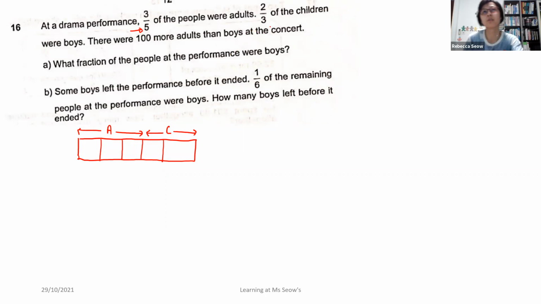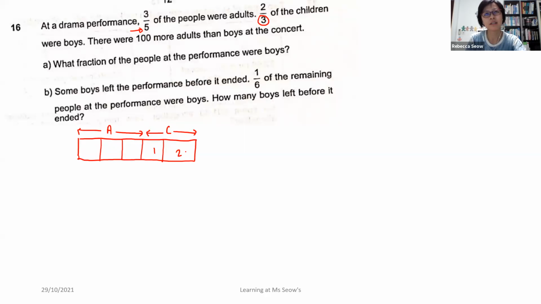Next sentence, 2/3 of the children were boys. So we could take a look and see, out of the 2 units, 2/3 of them were boys. Now how are we going to split 2 units such that we are able to find 2/3 of it? We have 2 units here, 1 and 2, yet we need to have 3 parts being divided.